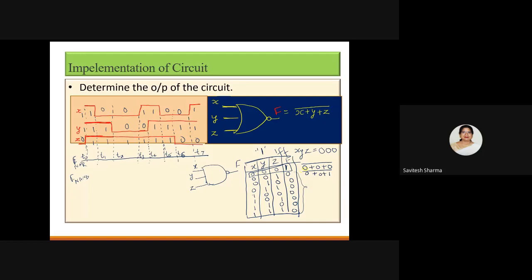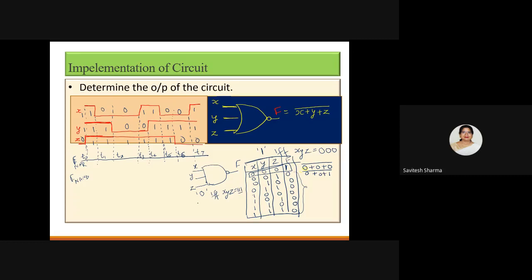So you have to remember the property of the NAND gate. What does the NAND gate say? It will produce 0 if and only if X, Y, Z are all 1, this combination.